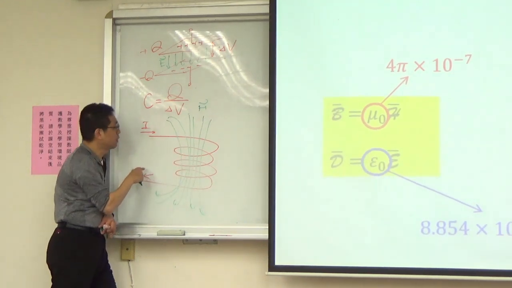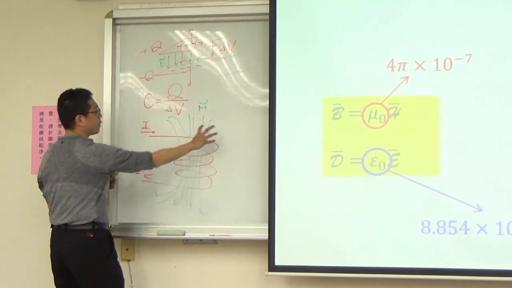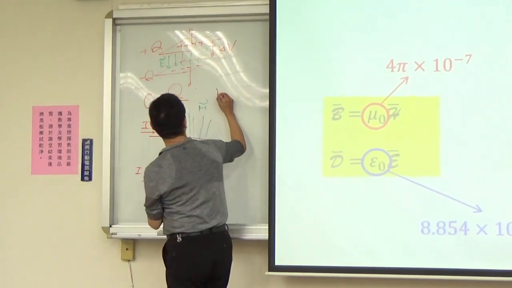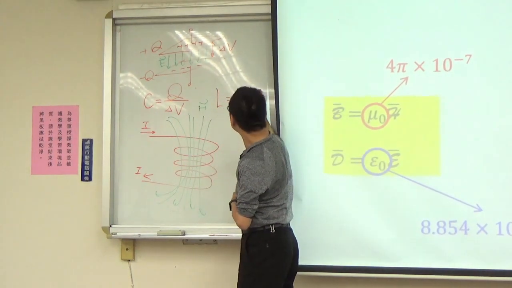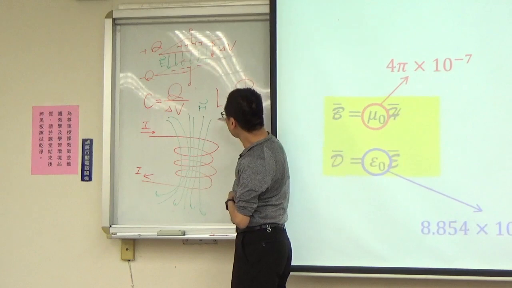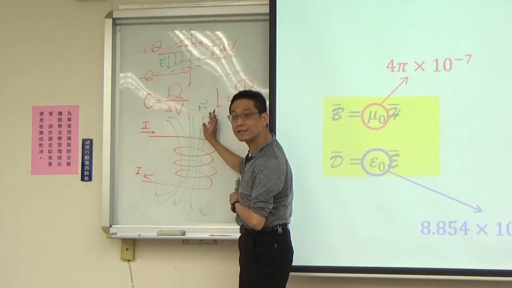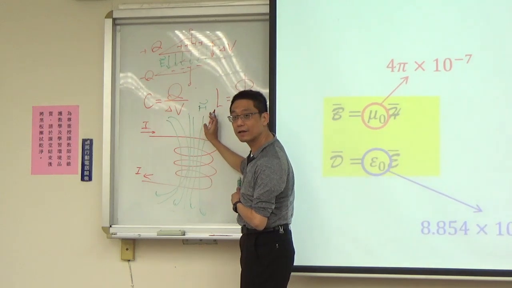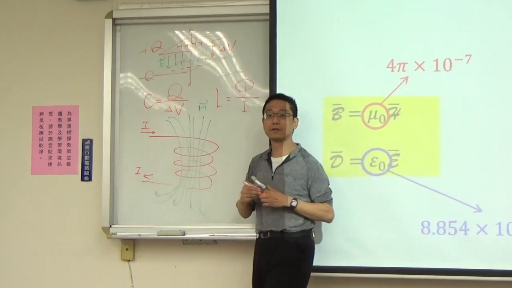This is the inductor. The equation of inductor is, I write down here, L equals, it is the sum, how many lines here? Those are flux density, right? And divided by current.